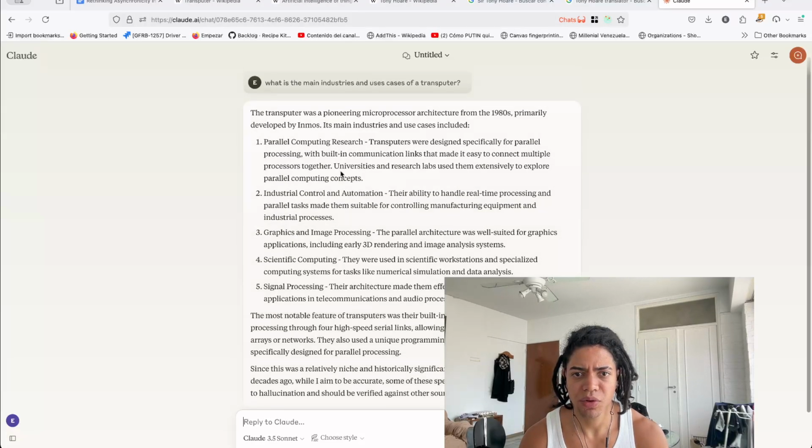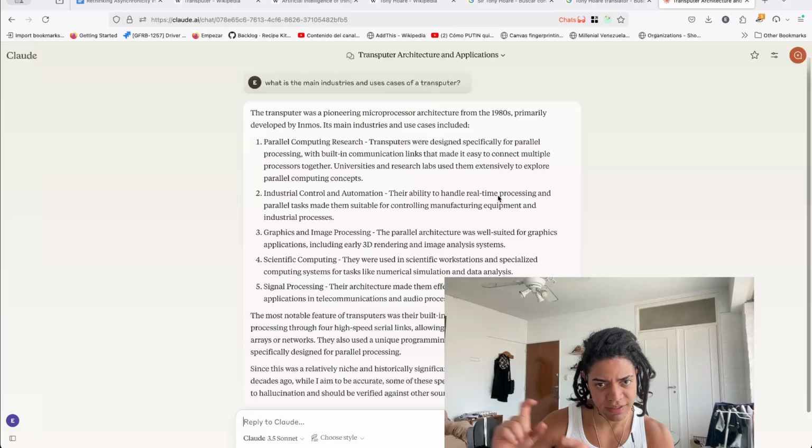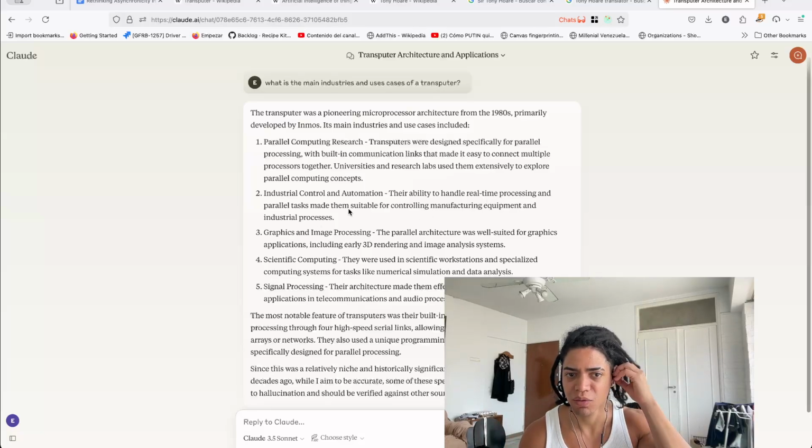Parallel computing research. Transputers were designed specifically for parallel processing with built-in communication links that made it easy to connect multiple processors together. Universities and research labs use them extensively to explore parallel computing concepts. Industrial control and automation: their ability to handle real-time processing and parallel tasks made them suitable for controlling manufacturing equipment and industrial processes.